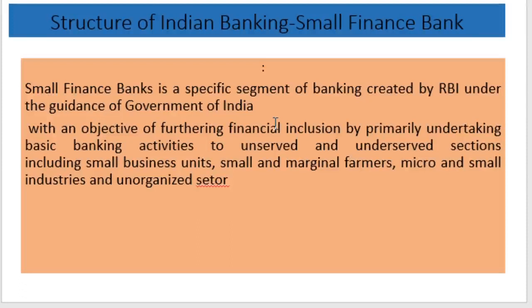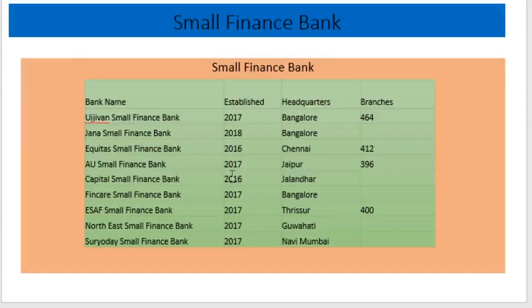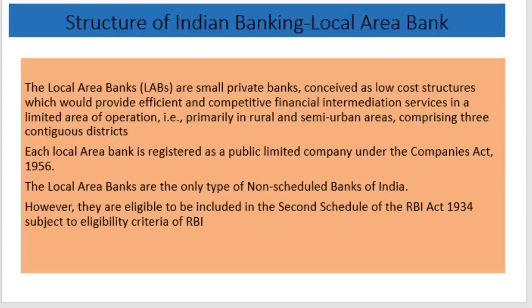These types of banks also function for the welfare or financing of lower income and small business groups. The small finance banks existing in India are given in this table. We have 9 small finance banks in India presently.